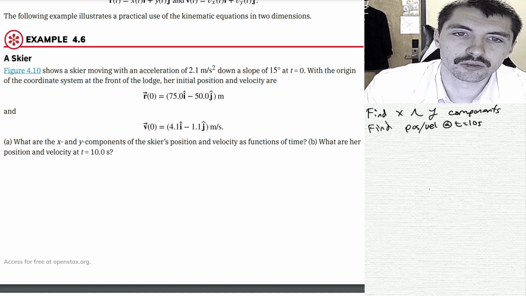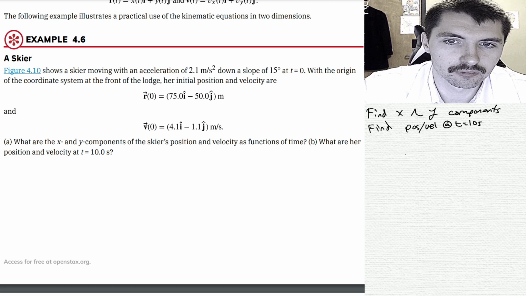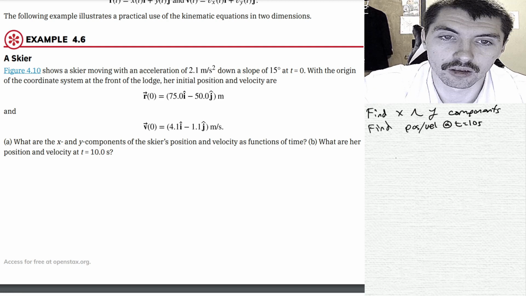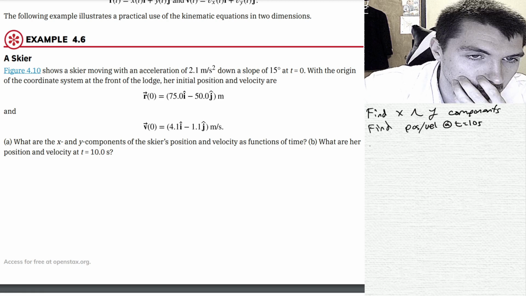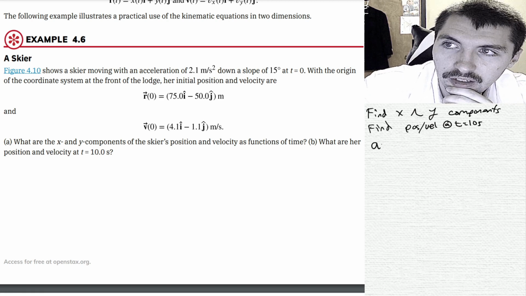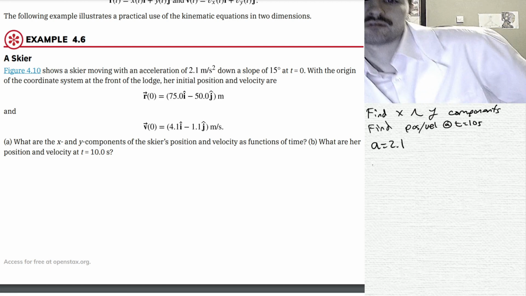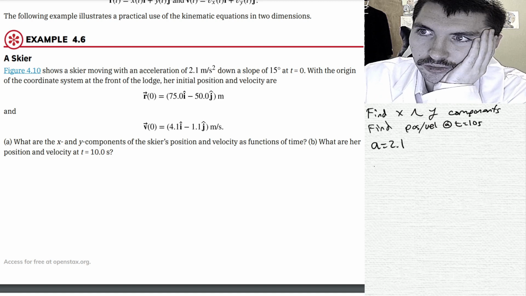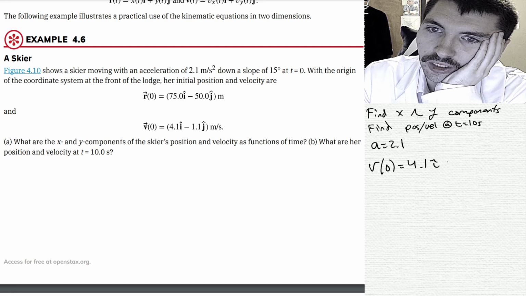Okay, so A is 2.1. Okay, so V naught is 4.1 i minus 1.1 j.